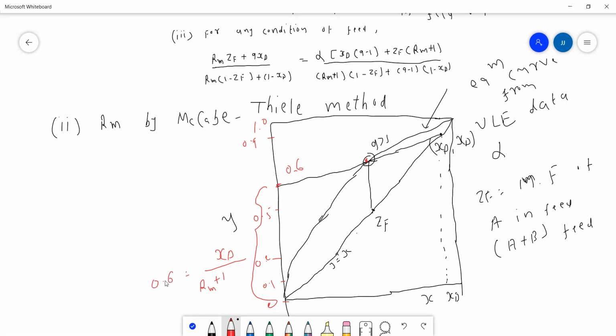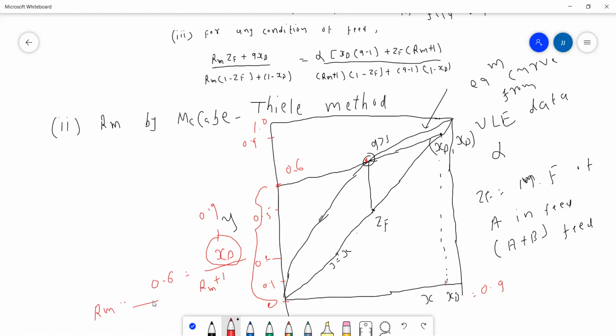This is just an example, just the procedure to calculate RM. XD we know, let's say we fixed XD equal to 0.9. So now the only unknown in this equation is RM, so you can calculate RM like this.